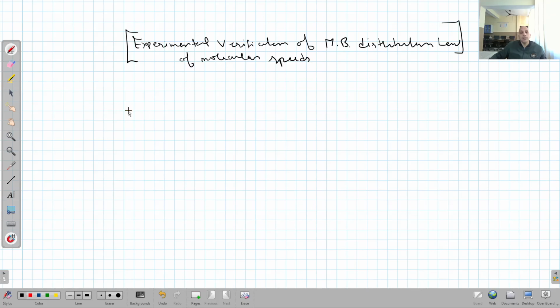Right? We know what was the expression of this Maxwell-Boltzmann distribution law of molecular speeds. It was n(v) dv is equal to 4 pi n (m upon 2 pi k T) raised to power 3 by 2 into v square into e raised to power minus m v square upon 2 k T dv, right.